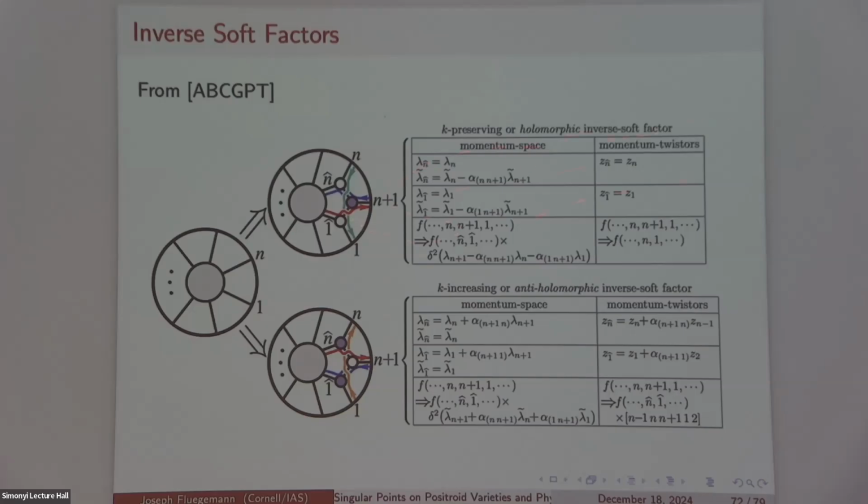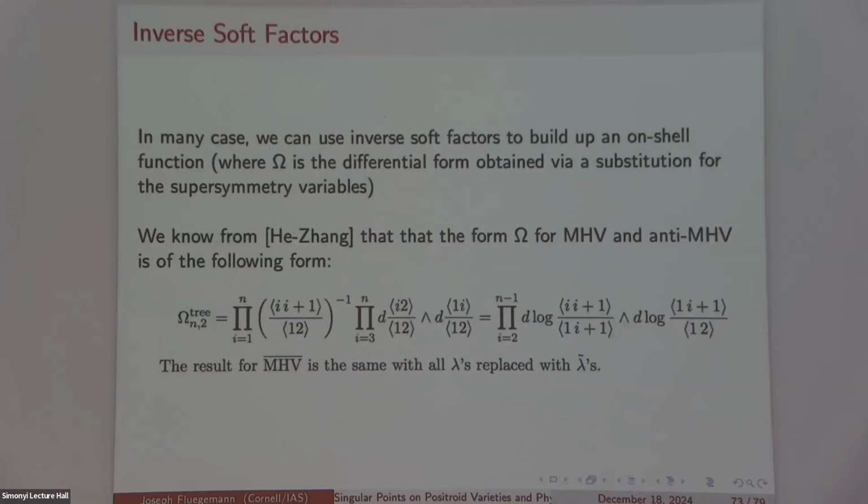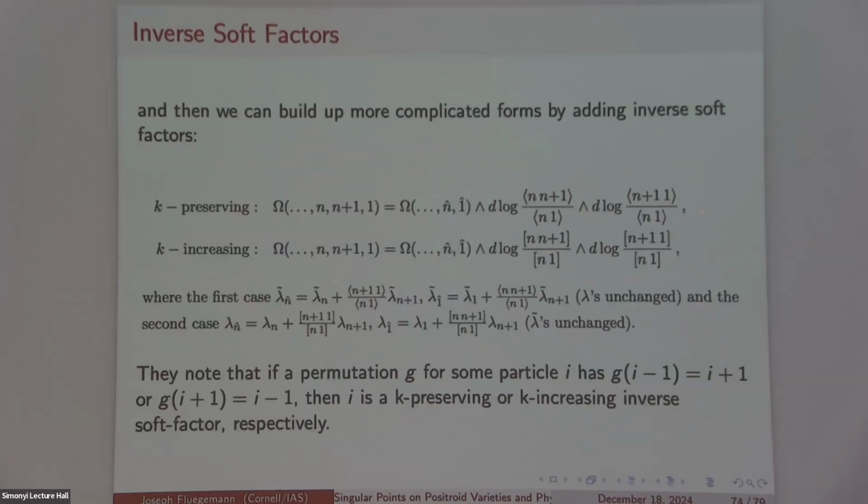So there's a K preserving or a K decreasing inverse soft factor, and using that operation, you can take these so-called maximally helicity violating or anti-maximal helicity violating amplitudes, which give you some differential form, and then you attach this factor, this combination of d logs for a K preserving soft factor versus a K increasing soft factor.